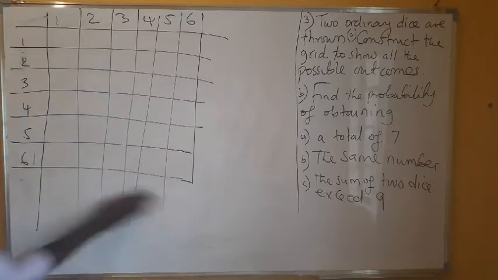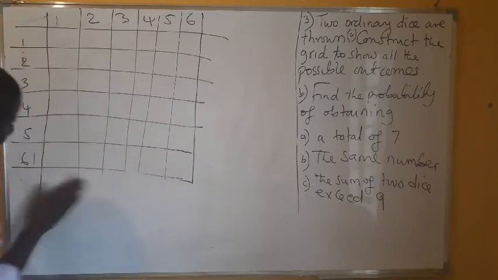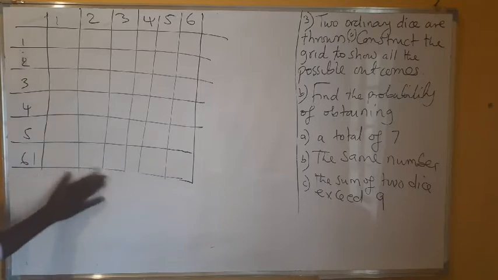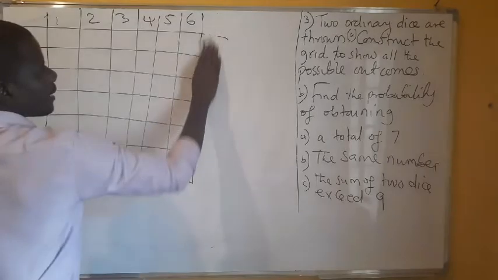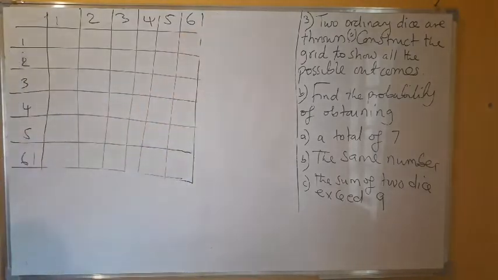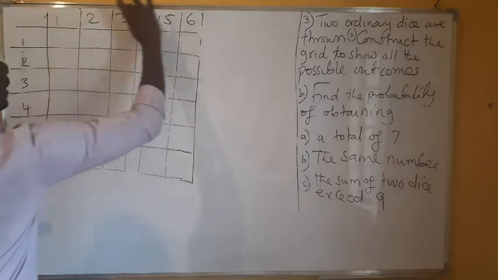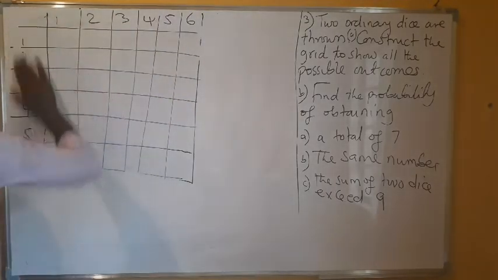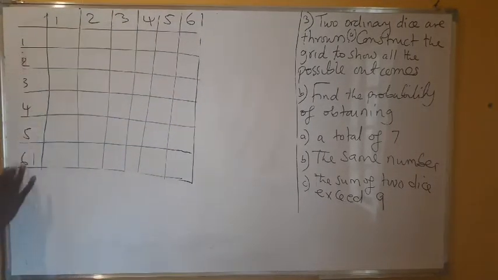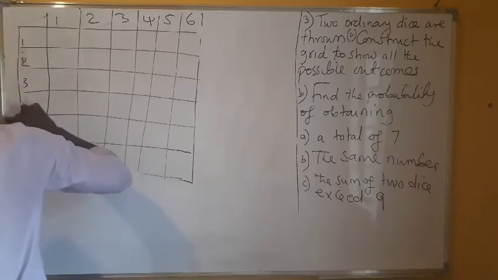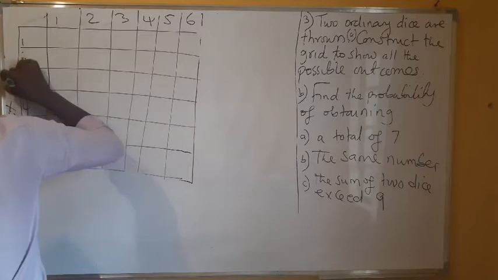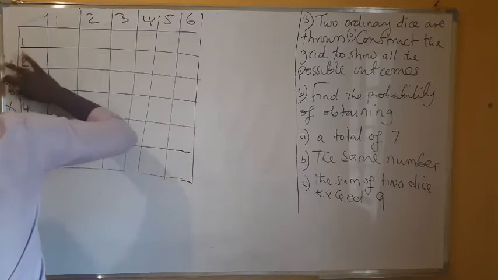And you know that on each die, you've got the possible outcomes. There are 6, 1 up to 6. So here we are talking about 2. So this one we can say is the first die.